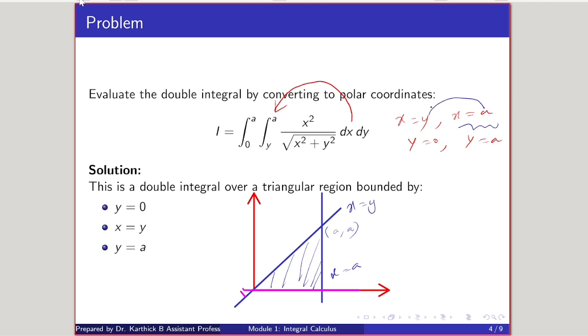Y equal to 0 and y equal to a. So clearly it is known that a comma a. So this graph will be like this. Now you just see here, y varies from 0 to a. So the region will be like this.